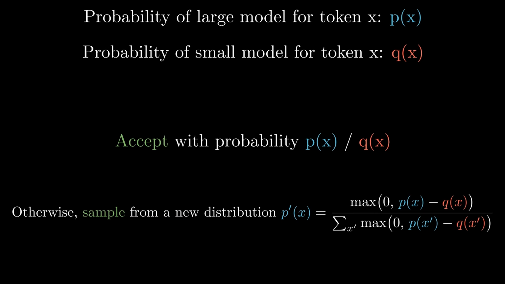It's worth noting that the first time you reject a token, the sequence is now different, so you can't continue sampling from the small model. You can't continue that sequence anymore. It's a fun exercise to show that with these sampling probabilities, you have the exact same distribution as the verifier model mathematically. So this process, called speculative decoding, is completely lossless, and it produces crazy speed gains.